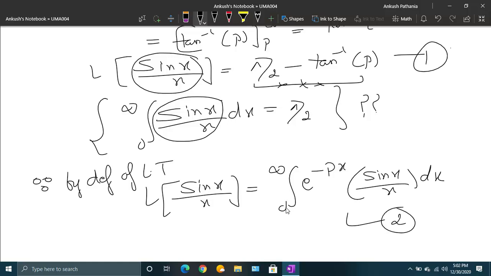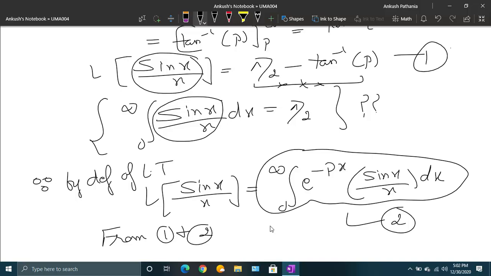This is what I got for the Laplace of sin x upon x using the definition. So from 1 and 2, we can say this integral is equal to this value, because this is by definition and this is what we got from property 3.